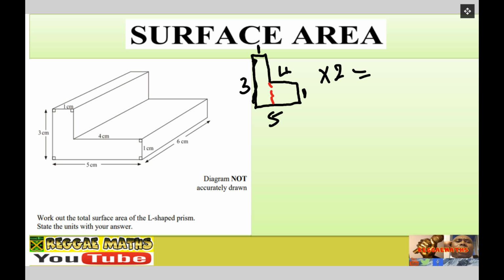So I've got 1 times 3, 1 times 3, and then I've got, best to split on the diagram, it's easier, 1 times 3, and then 4 times 1 plus 4 times 1.